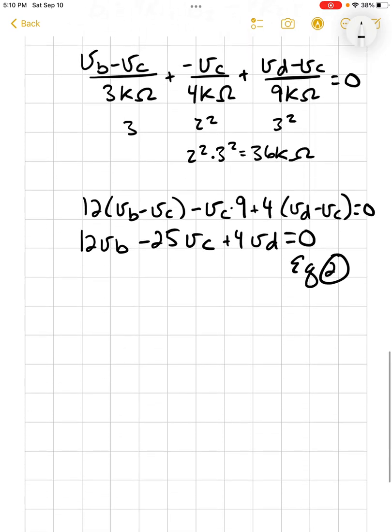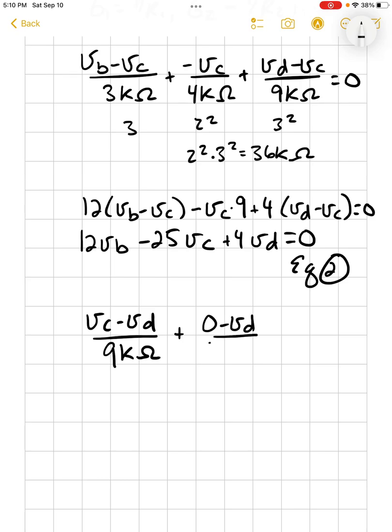Okay. So to write that equation, I'm going to write VC minus VD over 9 kiloohms. And then plus 0, which is VE, minus VD over 3 kiloohms. My common denominator here is 3 squared, which is 9.